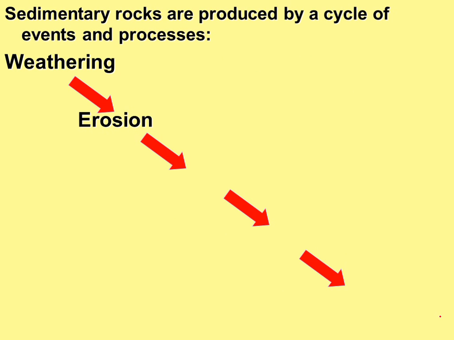So the weathering process generates these particles, which are broken down by a variety of means. Erosion is the process by which they are picked up or entrained, and then they go into transportation mode. If we use a stream or a river as our example, they are transported either in suspension or in what's known as bed load, where they roll or bounce along the bottom of the stream.